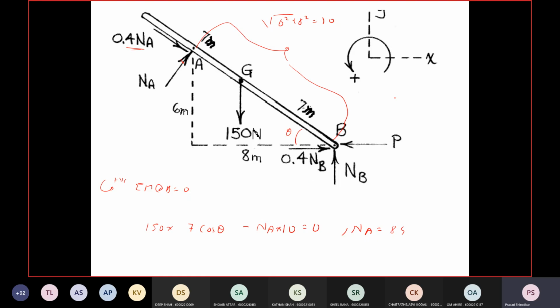Theta is tan inverse of 6 by 8. So that is equal to 36.86 degrees. Okay, so when you substitute that, NA is 84 newtons. I hope all of you are getting the same answer.